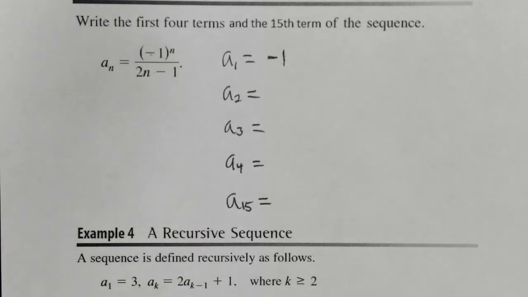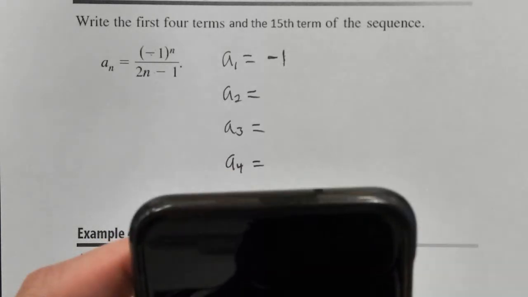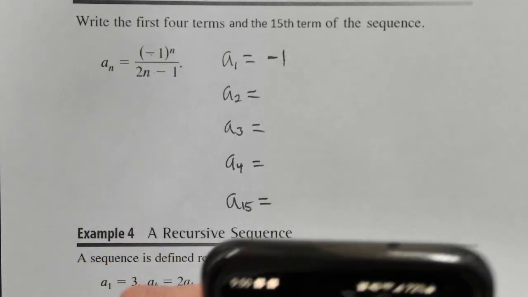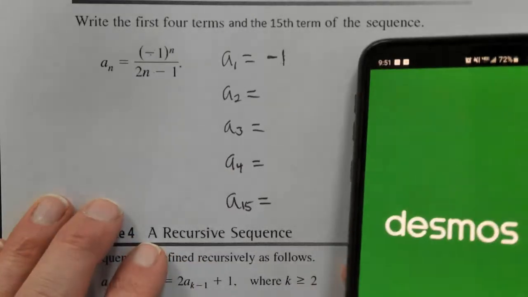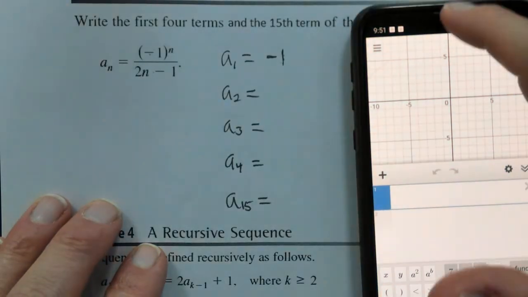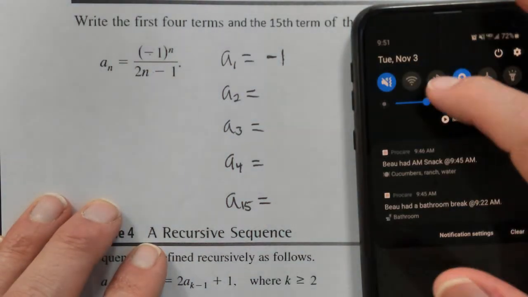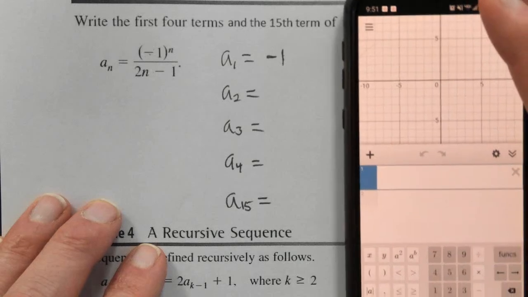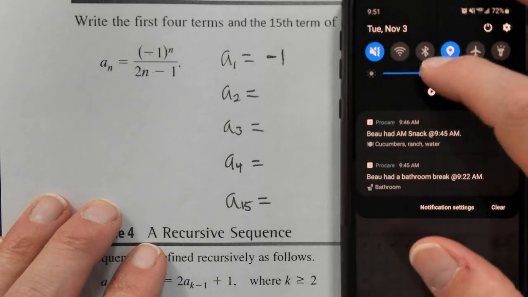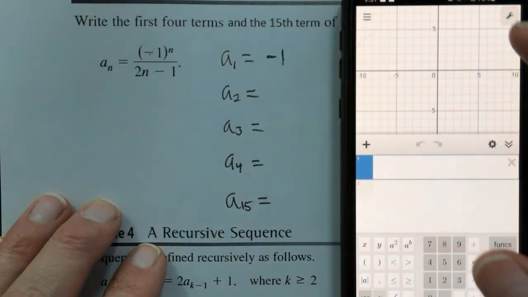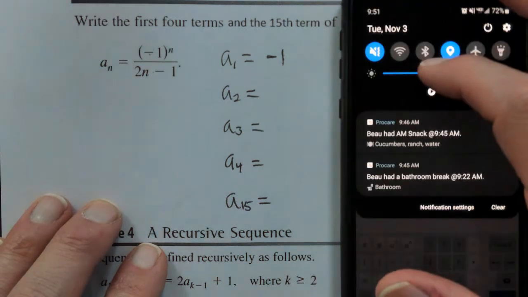Now, I can keep doing this the hard way, or I can do it the easy way. Why don't we pull up a calculator here? All right. Our favorite calculator app, Desmos. Pull it right up. And let's plug it in and see what we got.